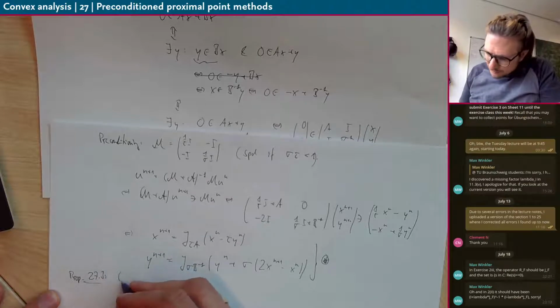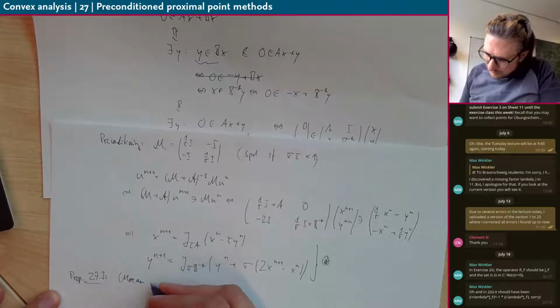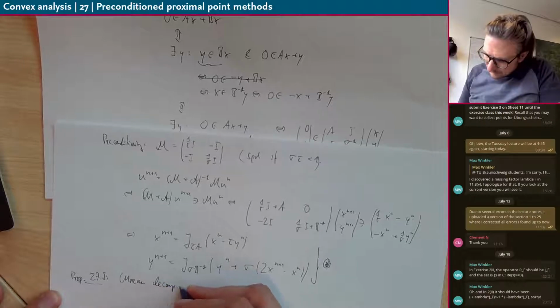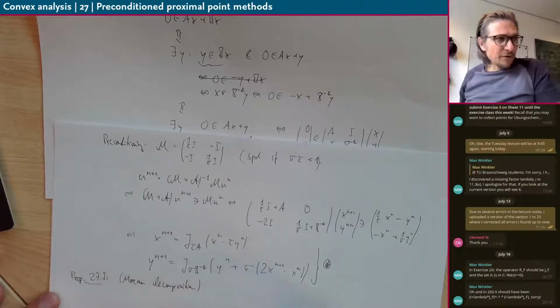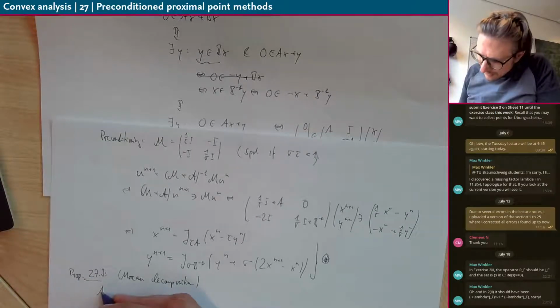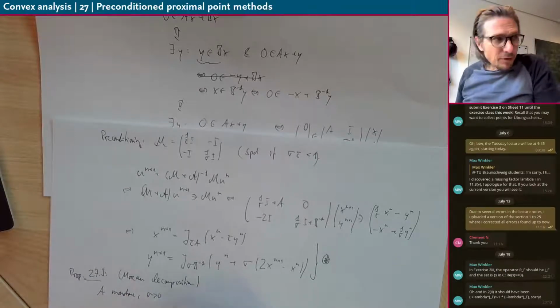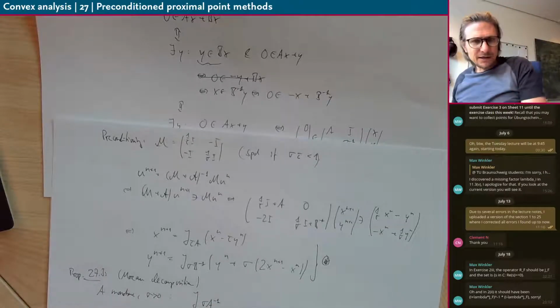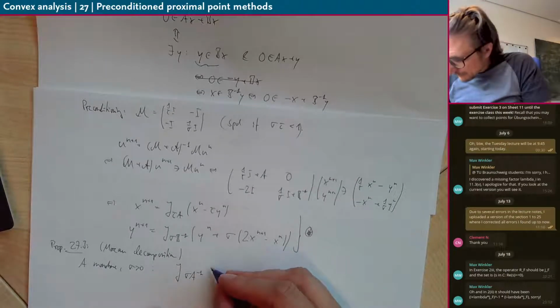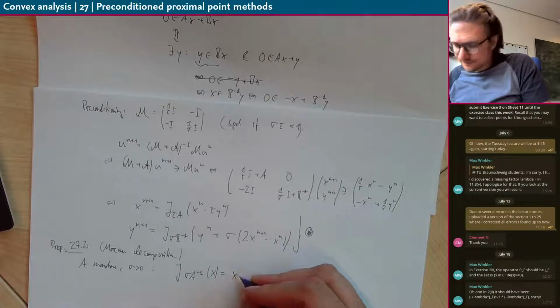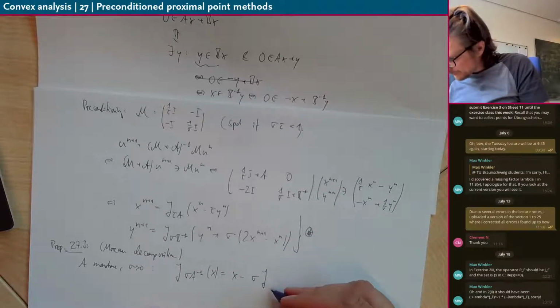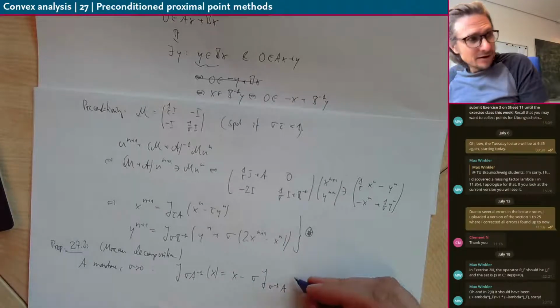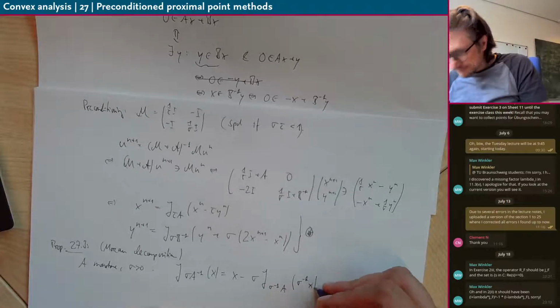Proposition 27.3. This is the so-called Moreau decomposition of monotone operators. So if you have a monotone operator A and sigma positive, then the resolvent of sigma times A to the minus 1 of x is the same thing as x minus sigma times the resolvent of sigma to the minus 1 A of sigma to the minus 1 x.